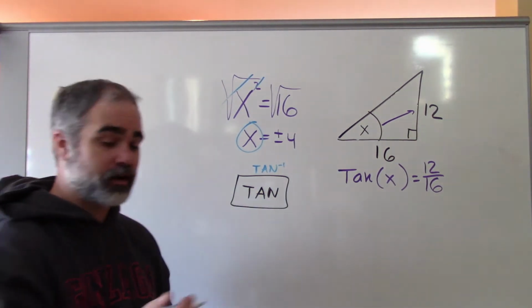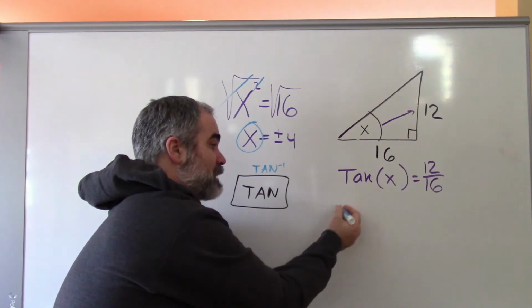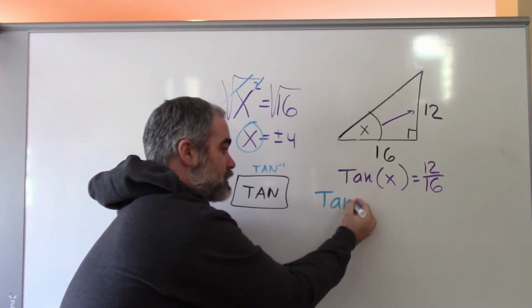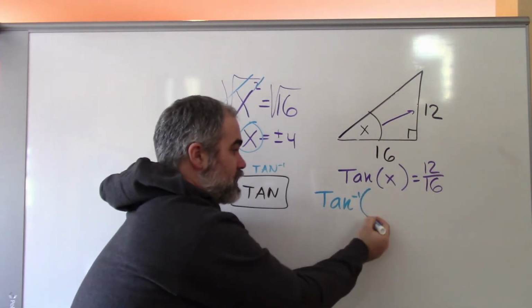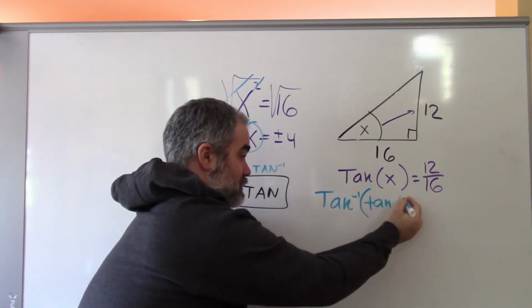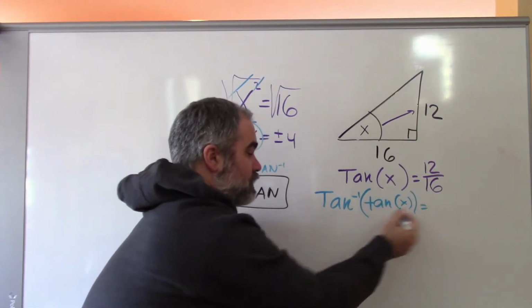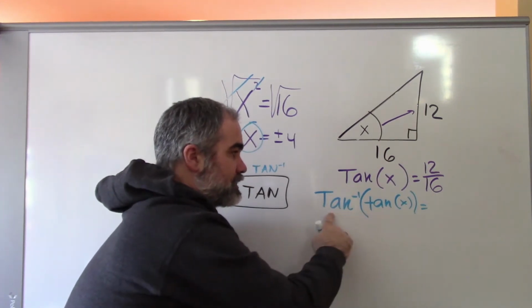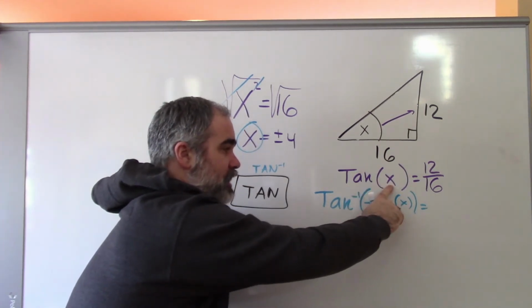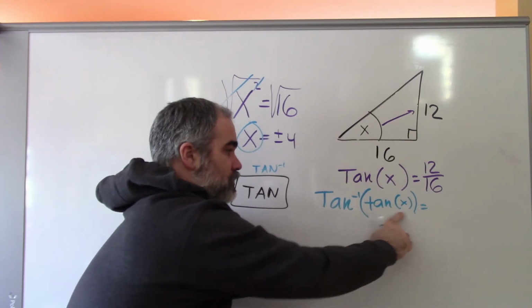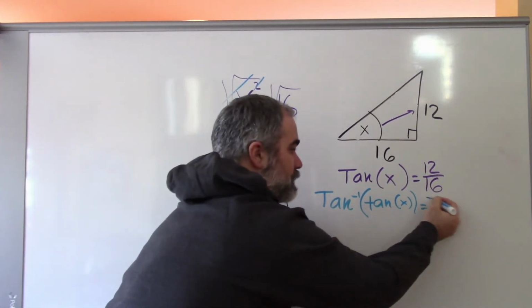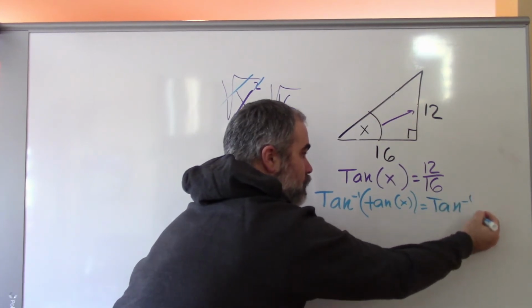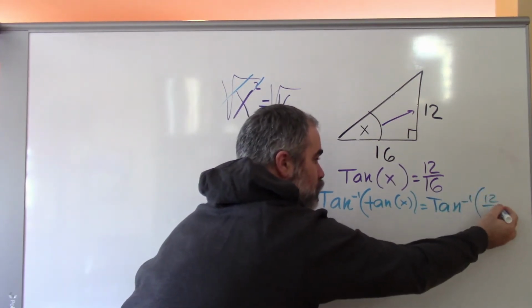And what I'm going to do here is I'm actually going to do the inverse tangent to both sides. Do the inverse tangent of x, lots of parentheses here, but this is going to go inside the tangent. Just like something goes inside the tangent, the inverse tangent is also going to have parentheses. And I'm going to put that whole thing in there. I need to do the same thing to both sides, so I'm going to do it over here as well. 12 over 16.